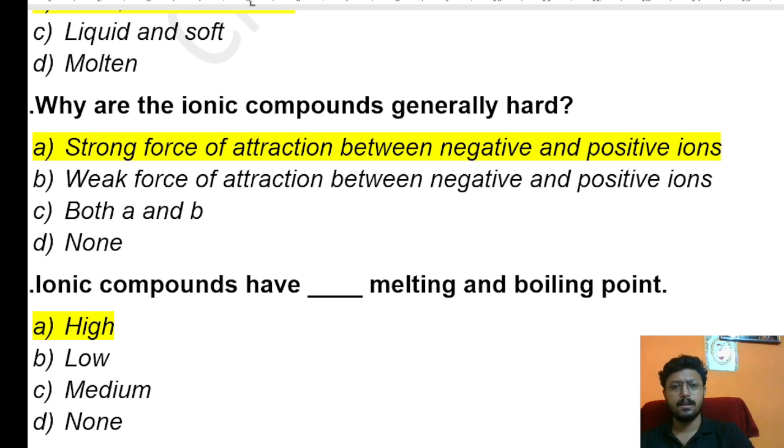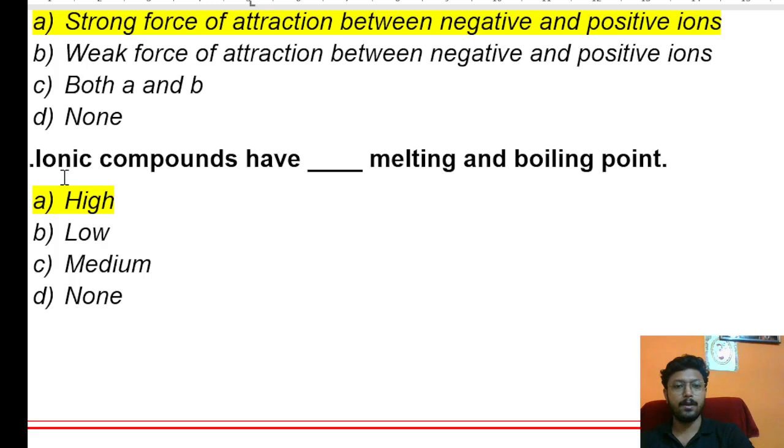Okay, getting my point? That's why ionic bonds are generally hard. Done? Any confusion? Because two opposite charges, cation and anion, interact with each other. Okay, okay.